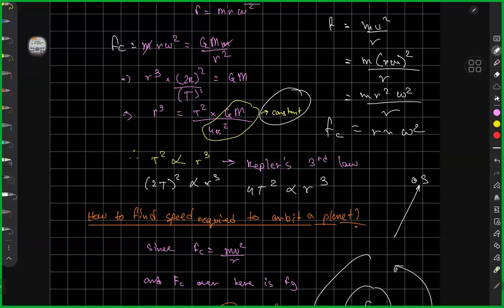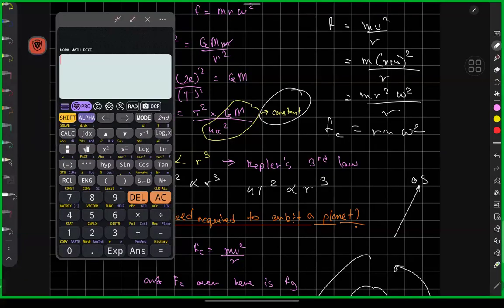To find the actual separation, I have to calculate the cube root of 4. So you need to increase the separation by 1.58 times. That's what you're going to do.